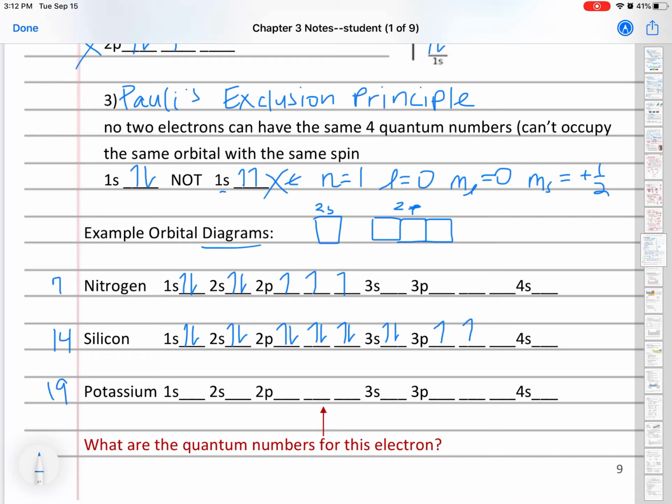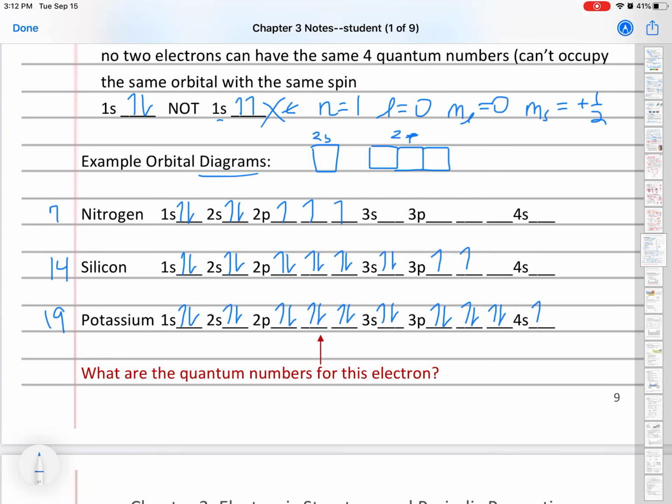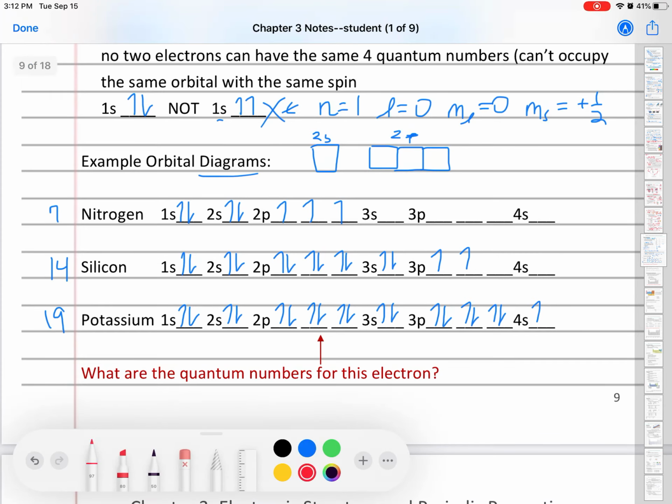It's element number 19, 19 protons and 19 electrons. 1 through 19. All right, easy peasy. The hard part is if you have to write out those diagrams, the 1s, 2s, 2p orbitals first.